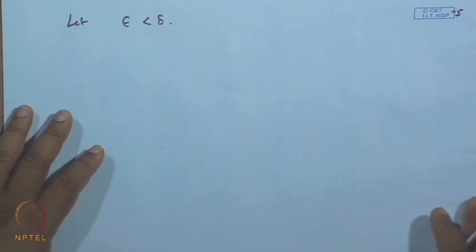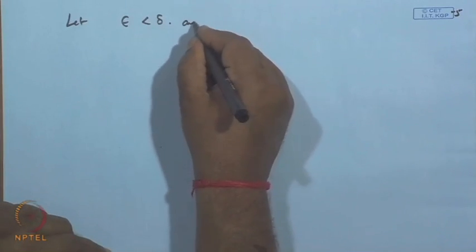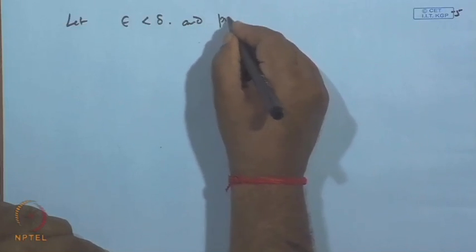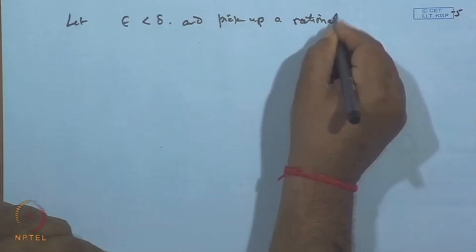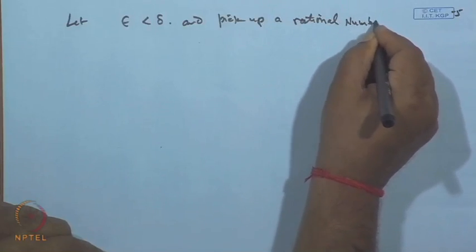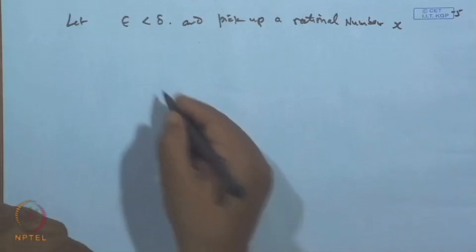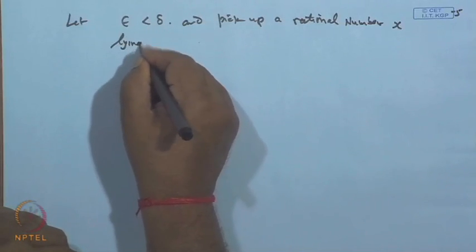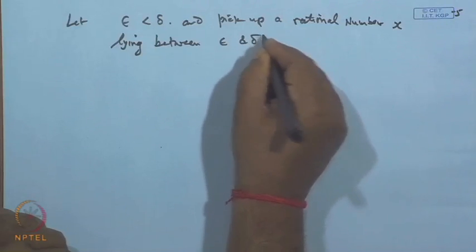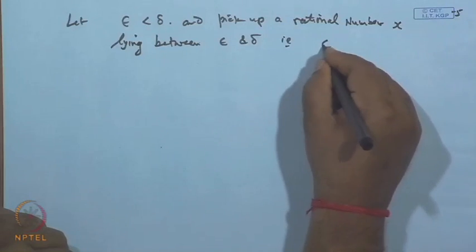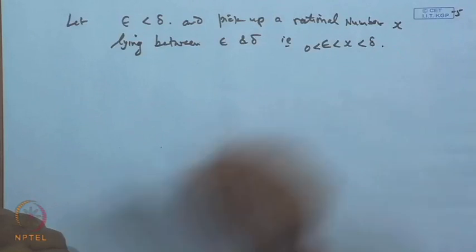Okay. Now, let us pick up a rational number x lying between epsilon and delta, that is, 0 less than epsilon less than x less than delta.